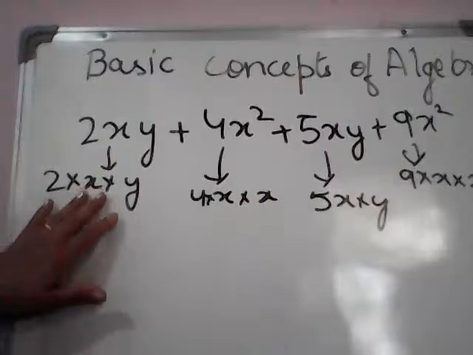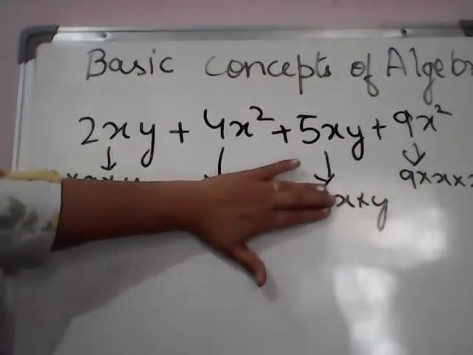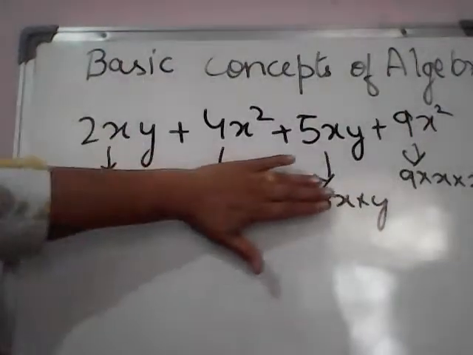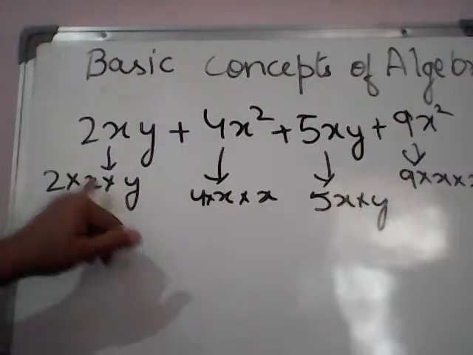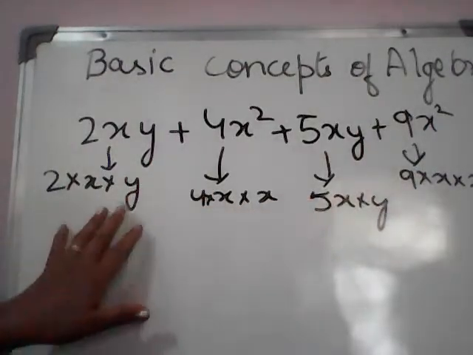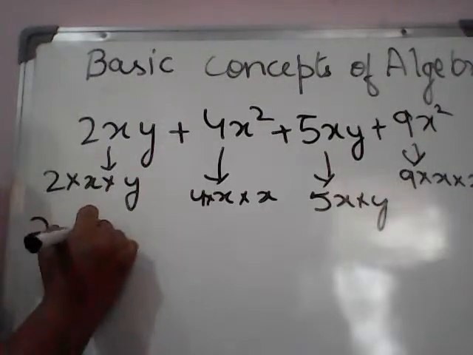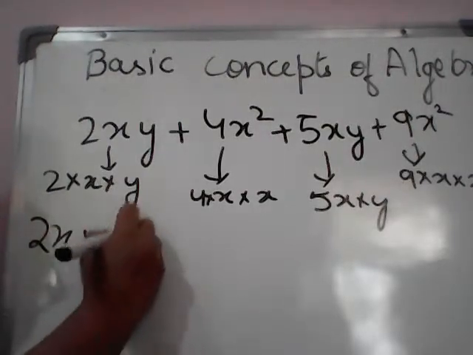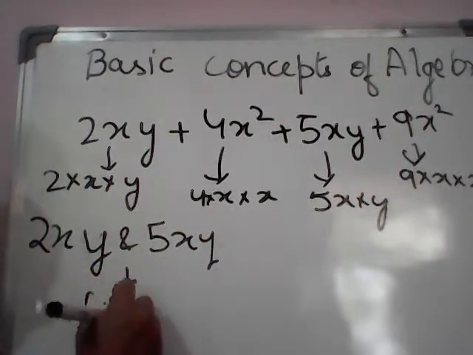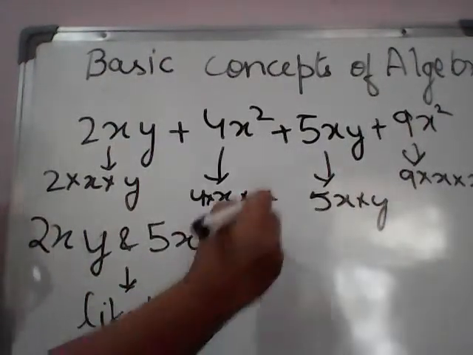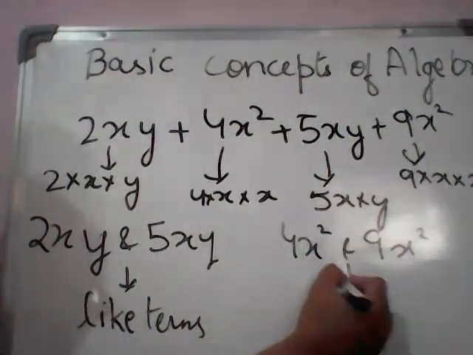Like here we see x and y. We will ignore the numerical part, this 2 and 5 we will not consider. We'll just see variables. If they have the same variables, then they are like terms. In this expression, we have 2xy and 5xy as like terms, and 4x square and 9x square as like terms.